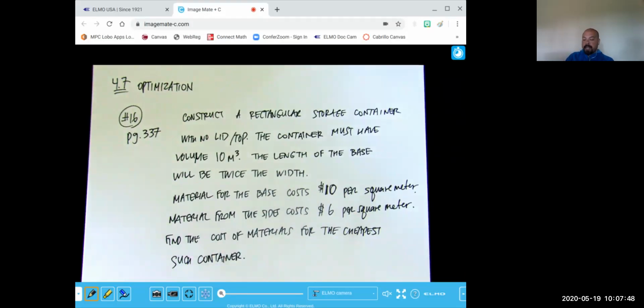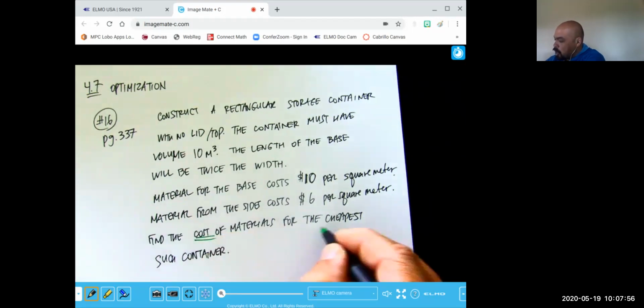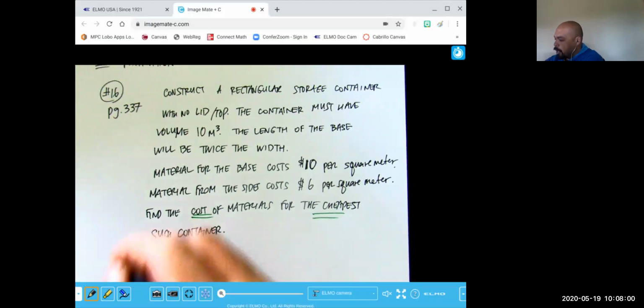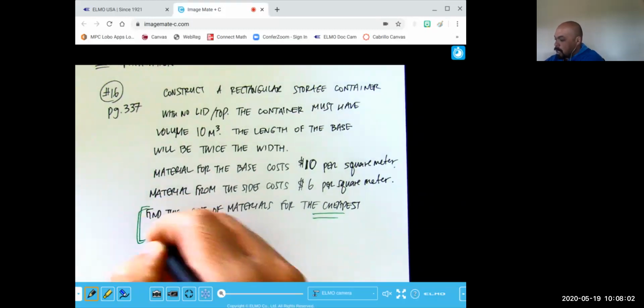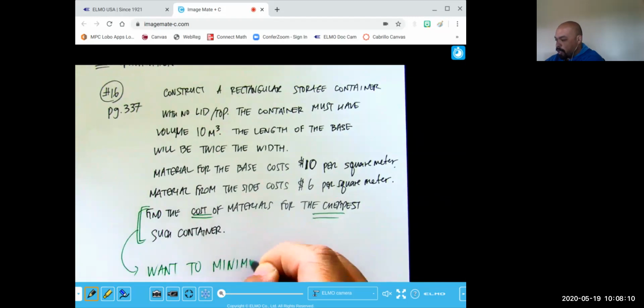We're going to do some labeling here, but at this tail end, what we see is that we want to find the cost of materials that's the cheapest. That's that bubble. So that means that we want to minimize. We want to find the smallest possible cost.